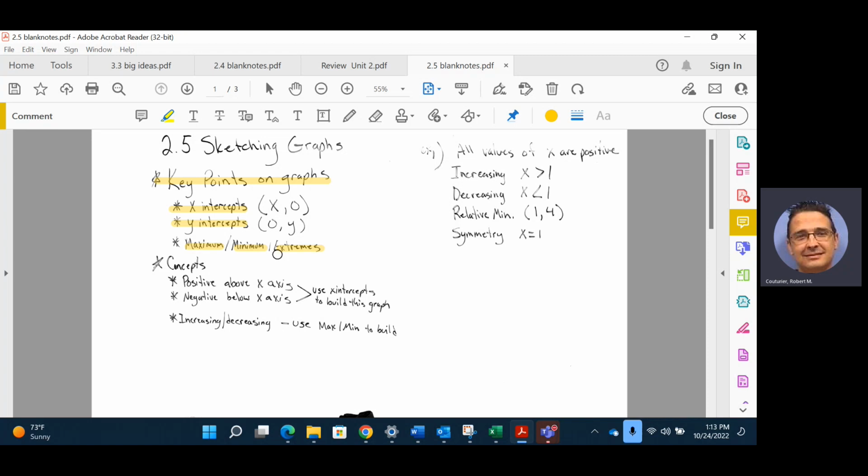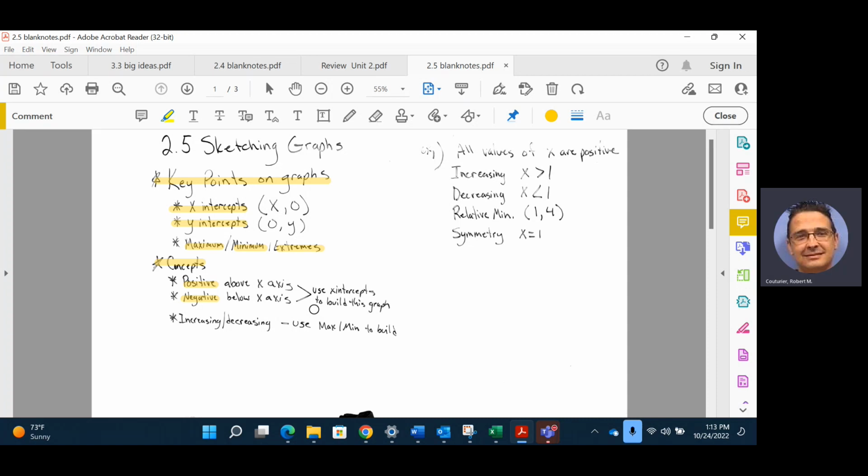Now, the concept that I think is the hardest for us to wrap our heads around, which is new this year, is about positive and negative. When is the function positive or negative? Meaning, when is the graph above the x-axis? So what values of x is that? And what values of x are below the x-axis?